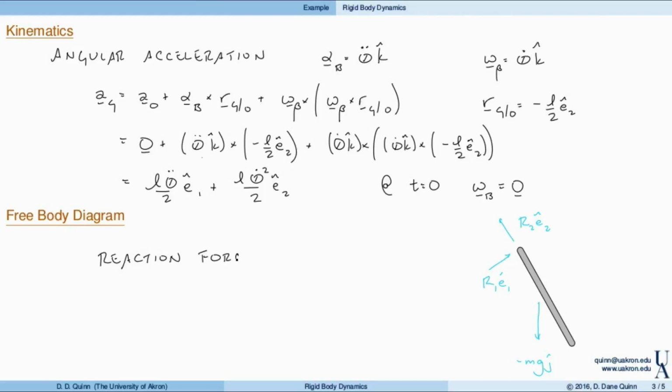Because I have no information about it, I am just going to write that as R1 E1 plus R2 E2. Now I could just as well express this in terms of i and j and write something like Rx in the i direction and Ry in the j direction. But what we'll find is later on, the algebra is a little simpler if we go ahead and use the directions that are intrinsic to the bar, which namely are E1 and E2.